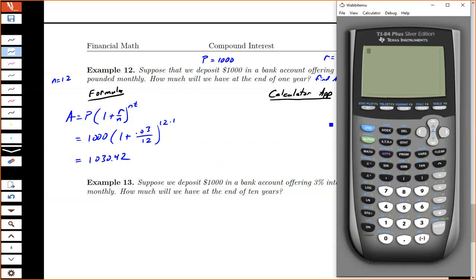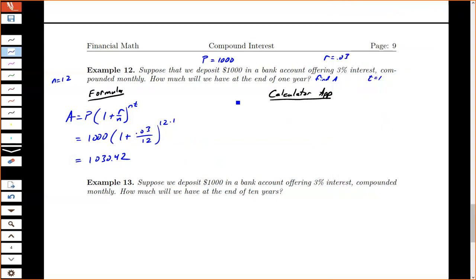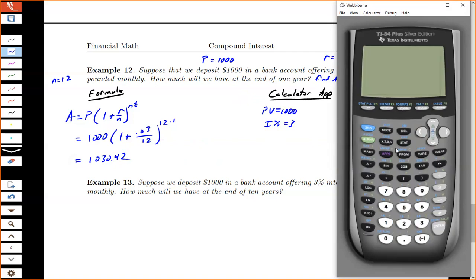Okay, if I was doing this on the calculator app, my present value is 1,000. The I% is 3. So I hit apps, finance, TVM solver.